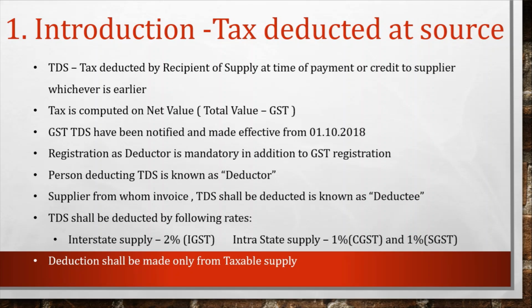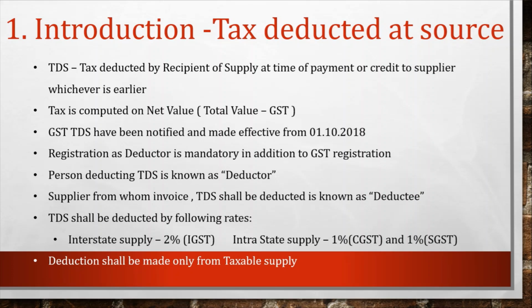Then the rate of TDS. If a person supplies goods from one state to another state, in that case the customer sitting in the other state shall deduct the TDS at the rate of 2% on the net value. If the supply is made within the state, in that case 1% CGST and 1% SGST shall be deducted.